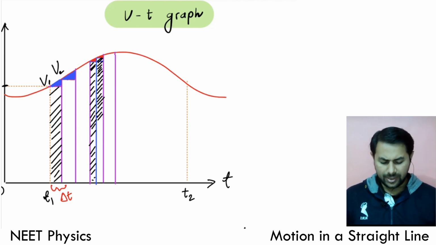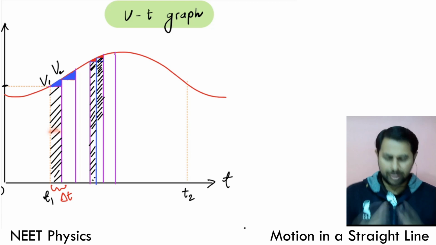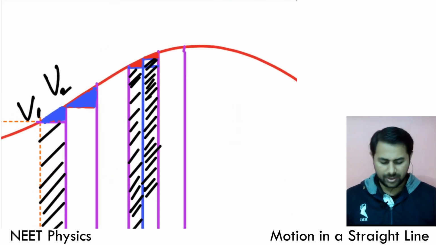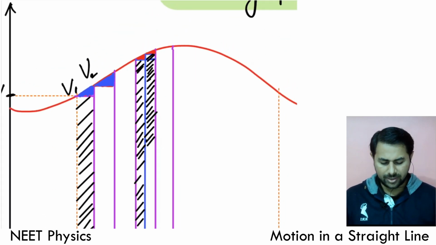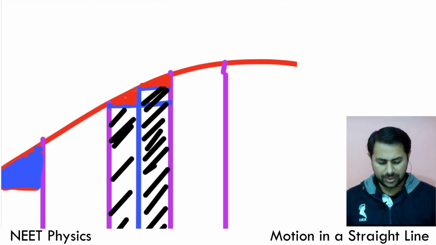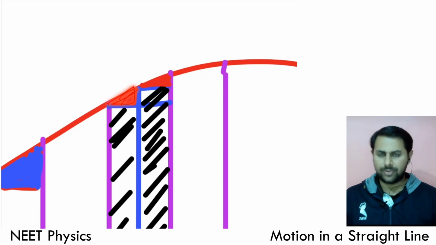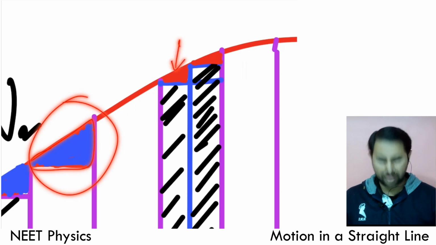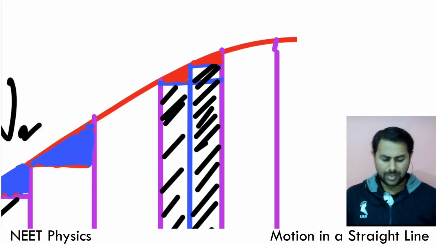But instead of taking this much width, if you take this much width, a smaller width, half of the width, then what will happen? Then the area under the curve you will approximate as the area of this segment plus the area of this segment, and here you can see the error is reduced. This is the error now. So compared to this case, the error here is reduced, right?